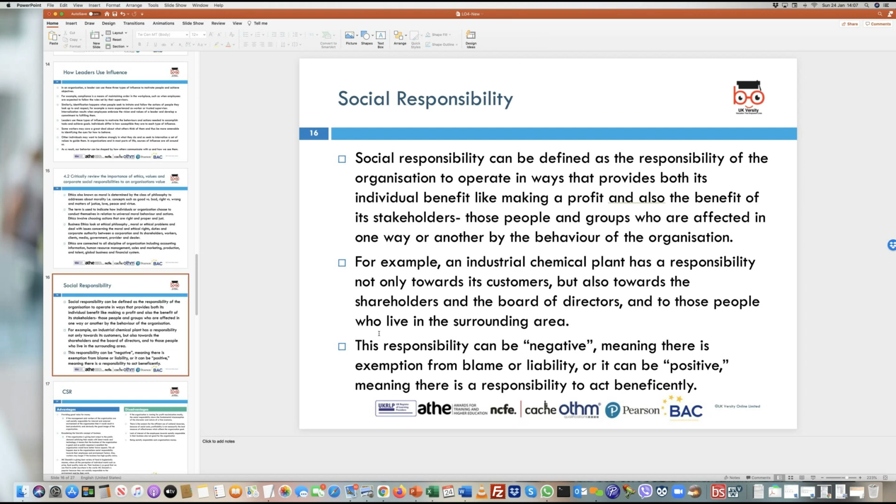Now, if I look at a positive and a negative meaning of social responsibility, take a chemical company which is responsible for producing certain goods, but which also ensures that it disposes of the waste material from the factory in a responsible manner, one that does not pollute the environment or the surrounding area.